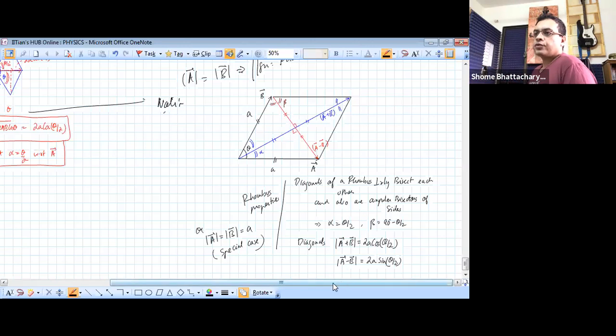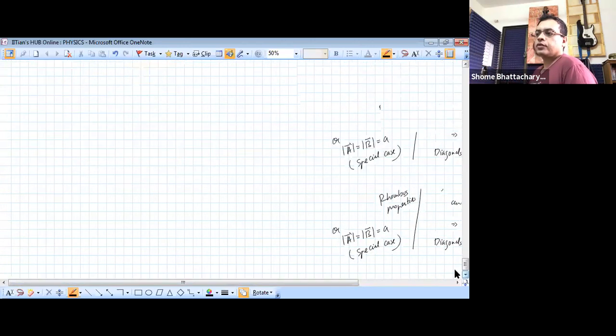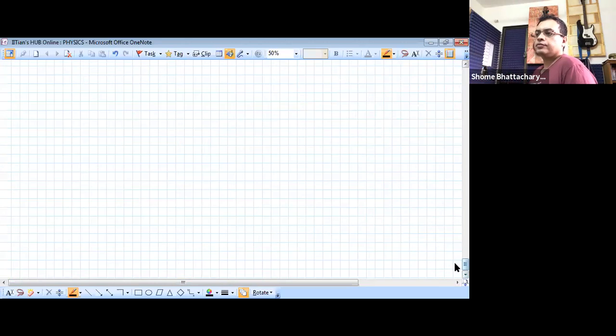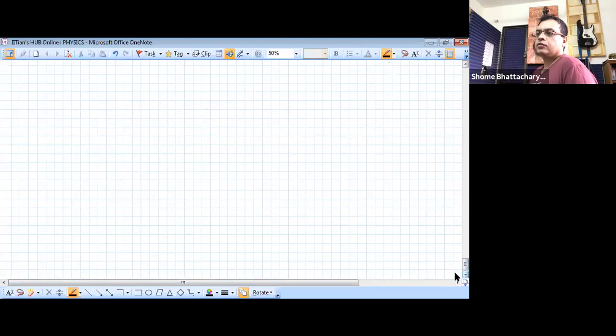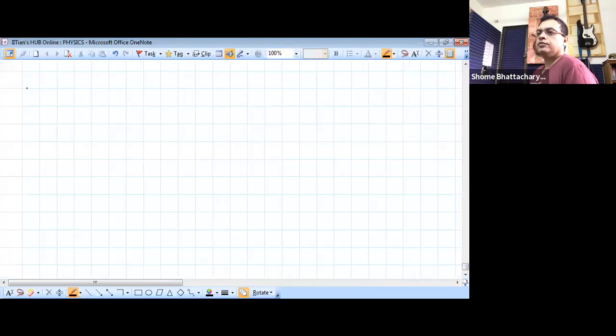Right, so now moving on to question number 10. Tell me, vector addition, beta. There's nothing else in it. So the forces are just given in i cap.